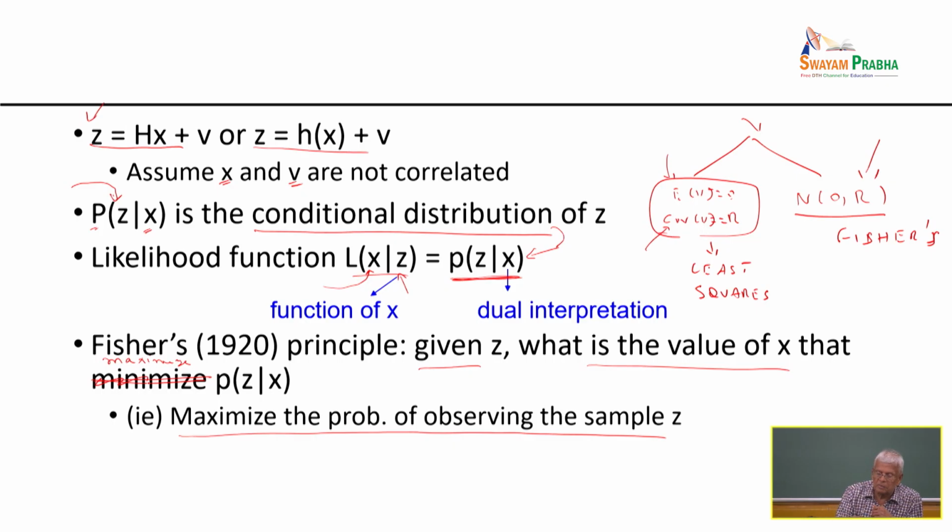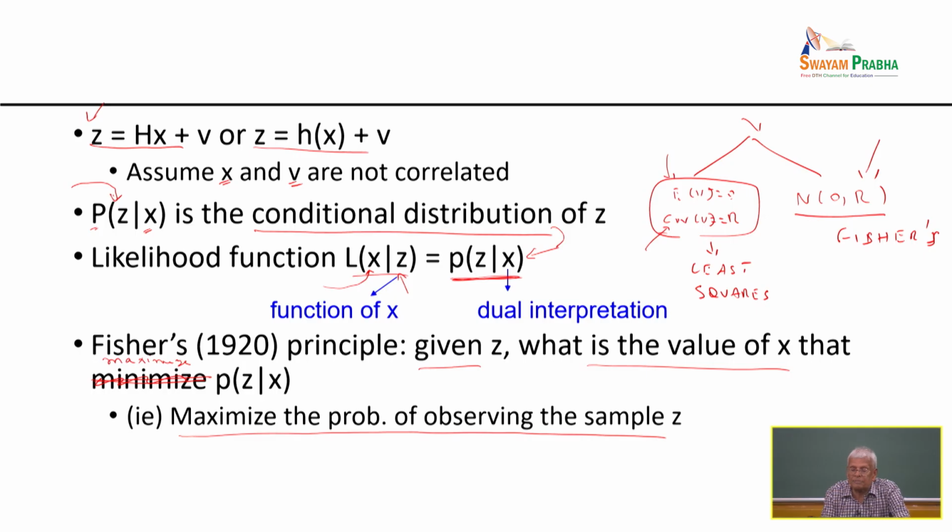Sorry, this is maximum. So Fisher's principle is, given the observation, what is the most likely value of the unknown parameter that will make the conditional density or conditional distribution take the maximum value. So maximize the probability of observing the sample z.